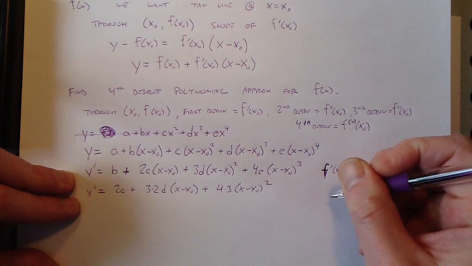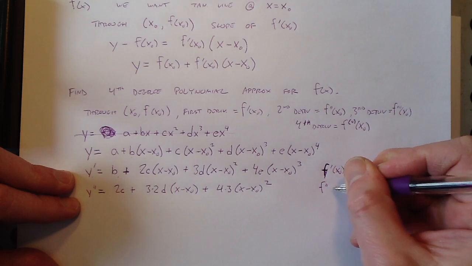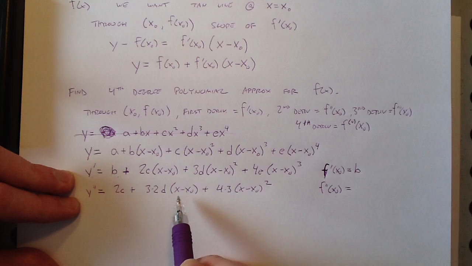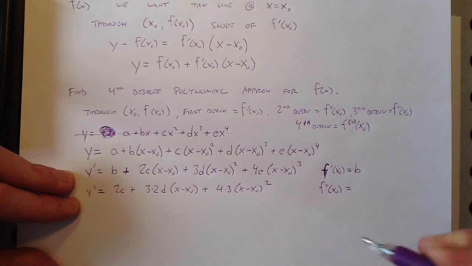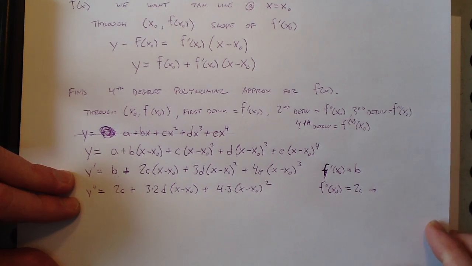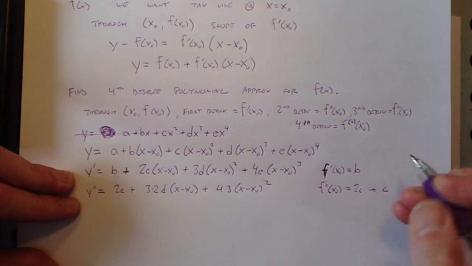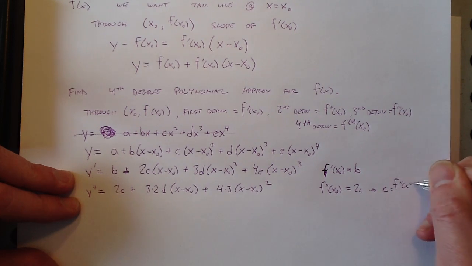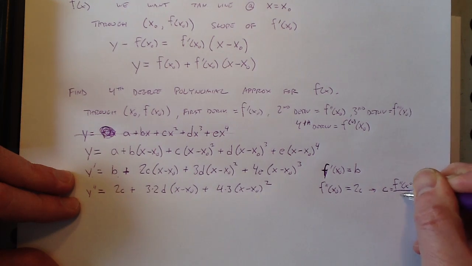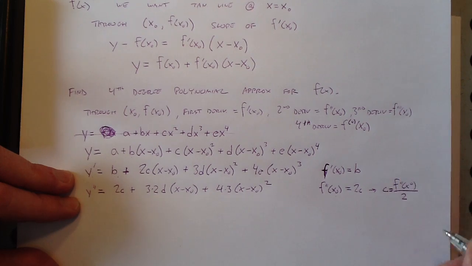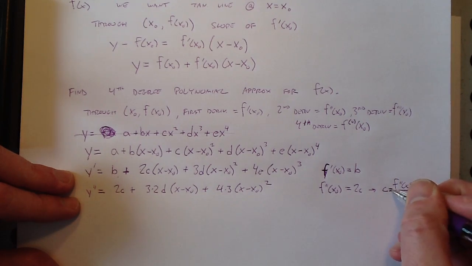And when I find my second derivative, when I plug in x sub 0, that goes away and that goes away, and I just get 2c. So that means the c that I'm looking for in my polynomial is equal to the second derivative at x sub 0 over 2. Right?